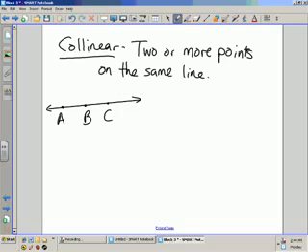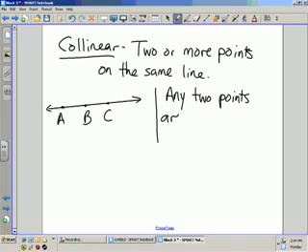So what this means is very simple. Any 2 points are collinear. It doesn't matter where they are or what's going on. Any 2 points are collinear.